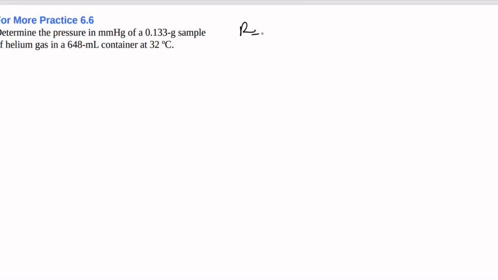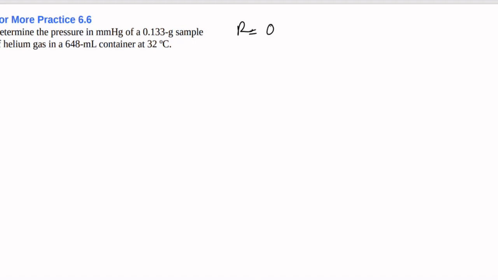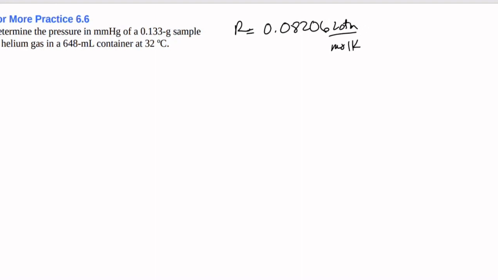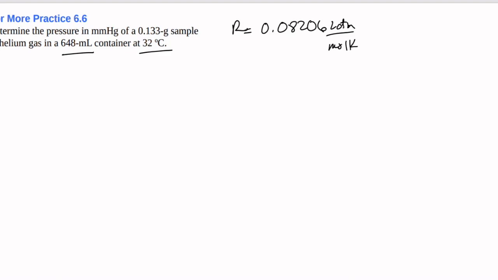Remember, R is equal to 0.08206 liters atmospheres per mole Kelvin, right? So we need our volume in liters. So we need to convert that to liters. We need our temperature in Kelvin.